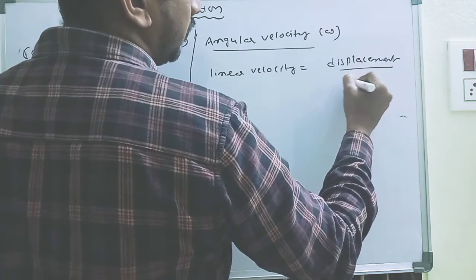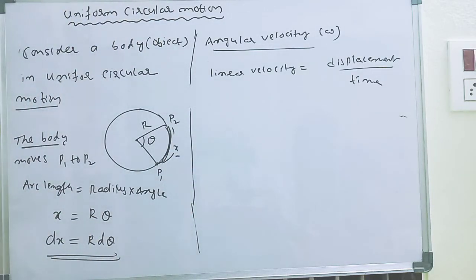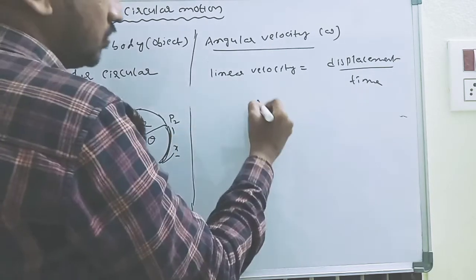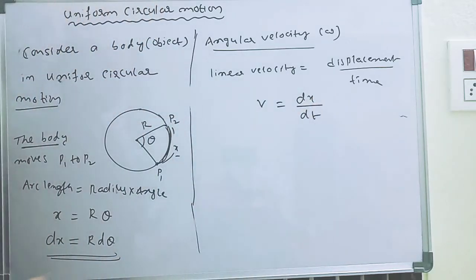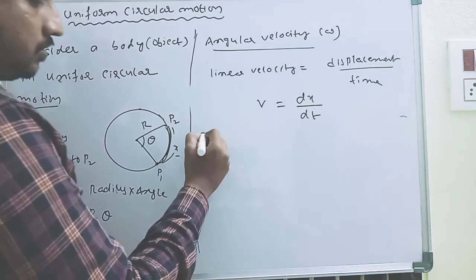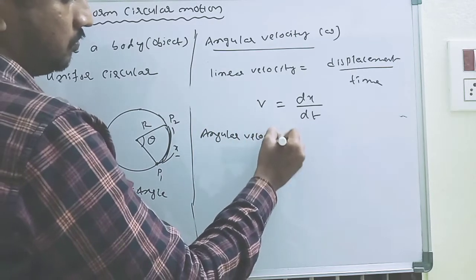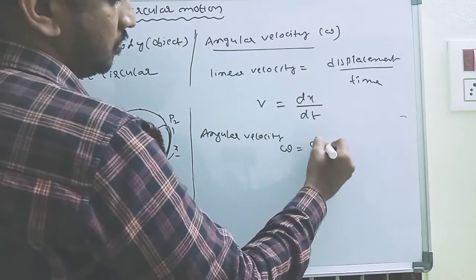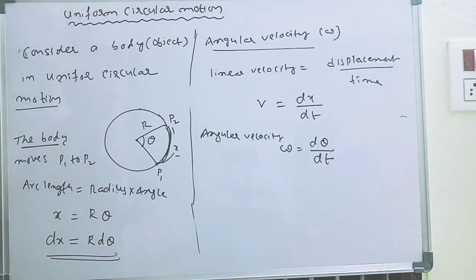So v is equal to dx by dt. What is angular velocity? Angular velocity omega is equal to d theta by dt.